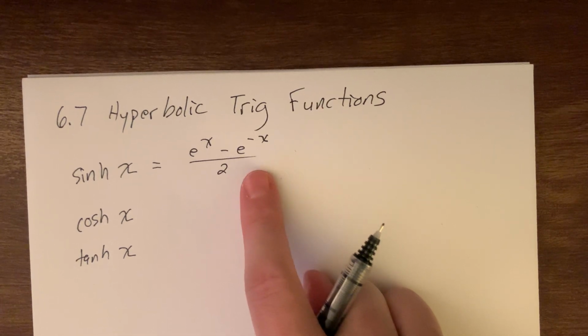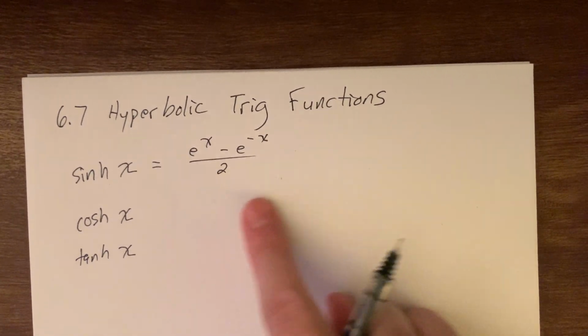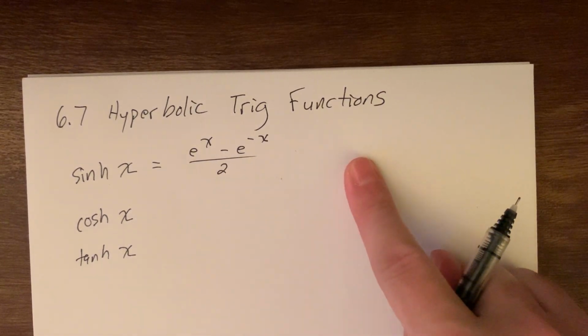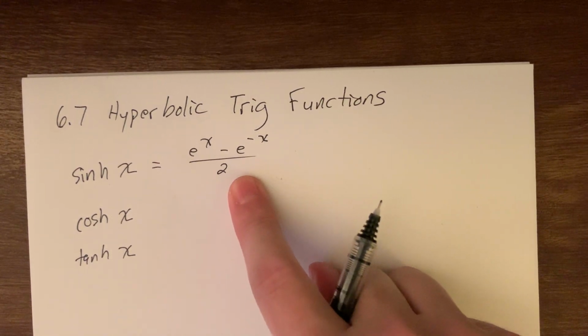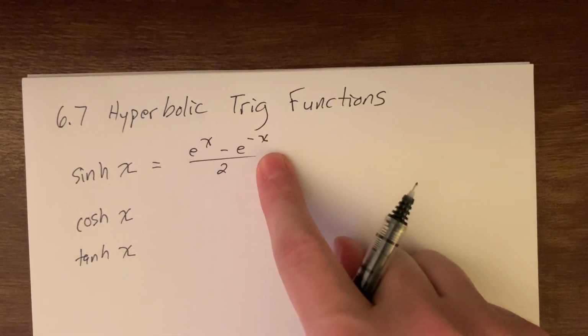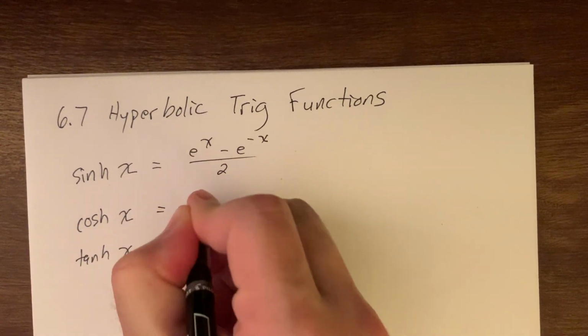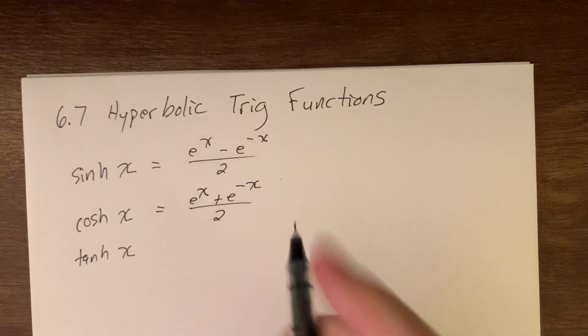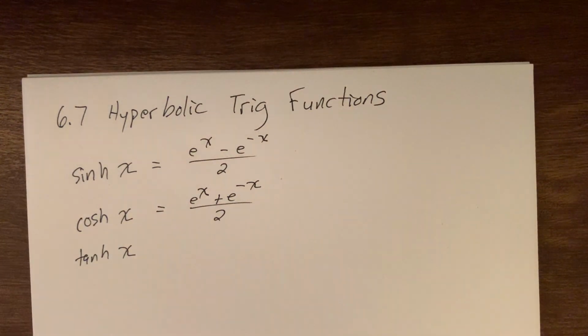If I remember correctly, a lot of your power cables, the curve that goes with the angle that those make as they lie from cable to cable, from post to post, they actually follow this curve. And there's other connections as well. So again, these nice combinations of e's. For hyperbolic cosine, it's almost the same thing, except that's a plus e to the minus x over 2.